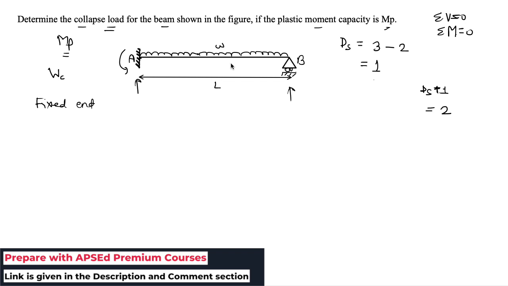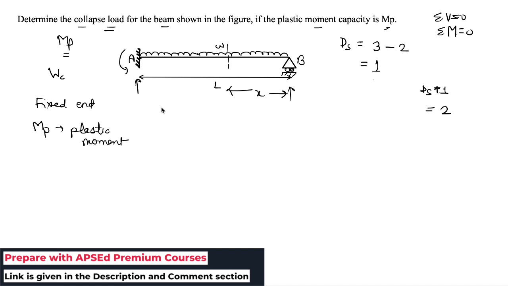We do not know the location, but it will form where the moment at the section is equal to the plastic moment. So then we'll have to find out the location of this second plastic hinge. Let's say it is forming at a section x distance away from the propped end or from this roller support.